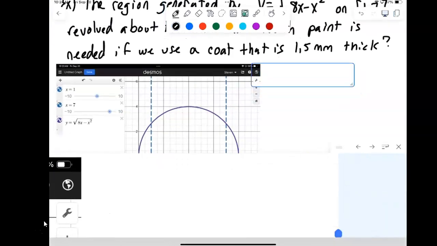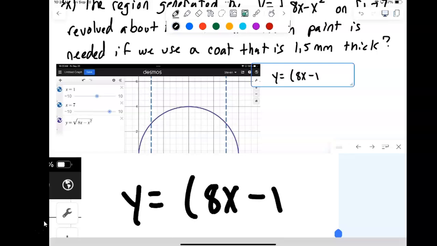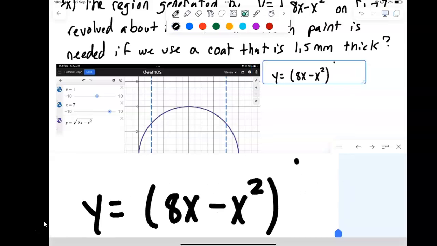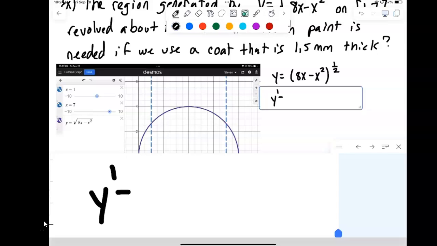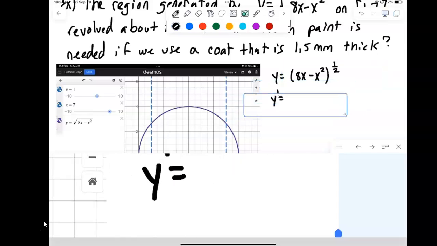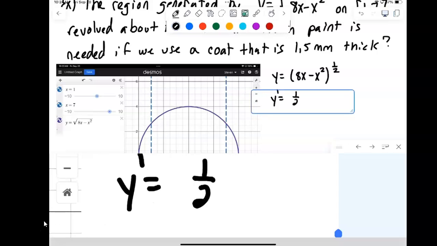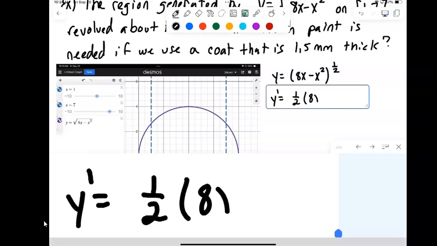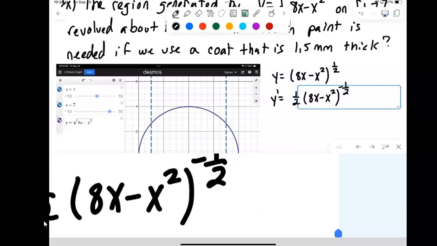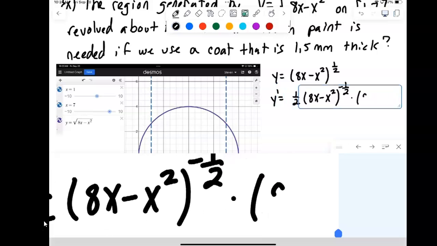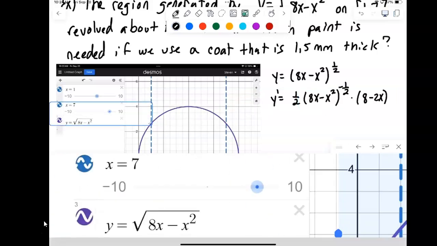Okay, so let's approach this problem and set it up. First things first, my function I'm going to rewrite as 8x minus x squared to the 1/2. We're going to need to compute y prime. By the chain rule, we multiply by the exponent, so 1/2 times 8x minus x squared to the negative 1/2, times the derivative of the inside, 8 minus 2x.